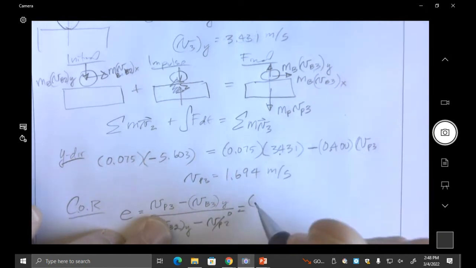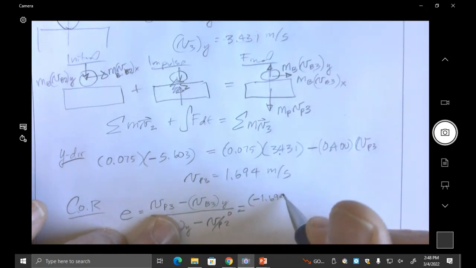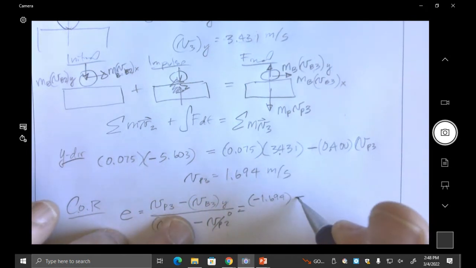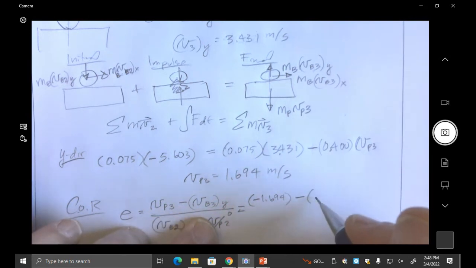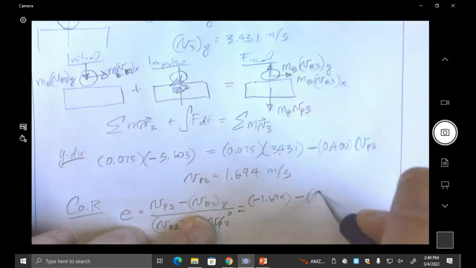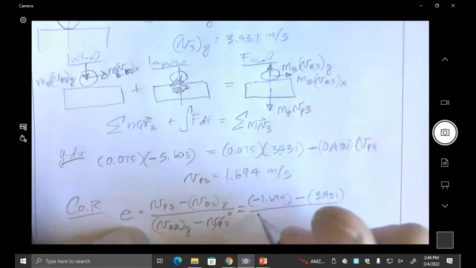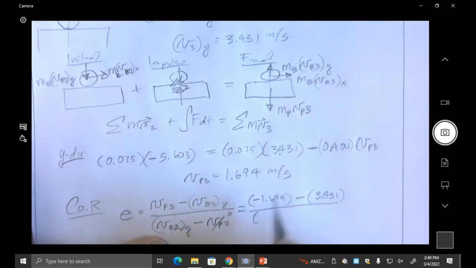So the plate has a negative velocity of 1.694 minus, and I hope I got that right. Yeah, I think I'm going to be okay. And we found this out to be 3.431. And divided by, and then this one's downward, so that's why it's negative.